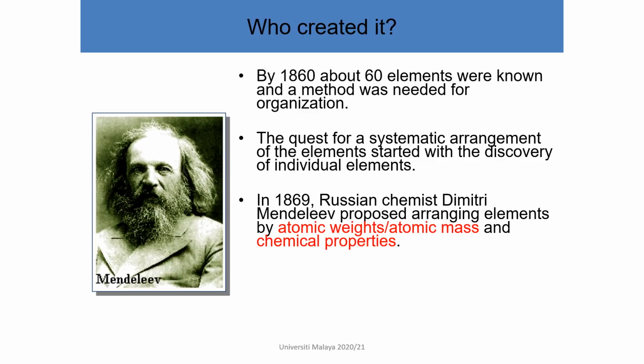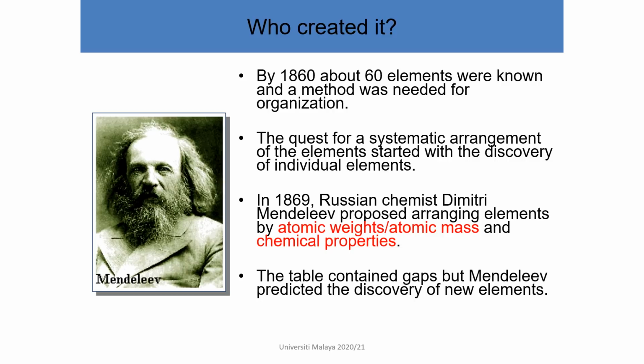In 1869, Russian chemist Dmitry Mendeleev proposed arranging elements according to their atomic mass or atomic weight, and also according to their chemical properties. The table, however, contained gaps, but Mendeleev predicted the discovery of new elements.